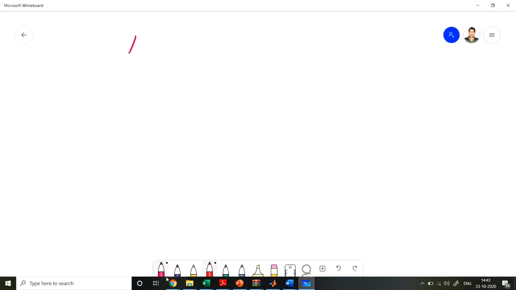So please find out the z transform. The z transform is nothing but minus 2 z raised to the power minus 0. Please understand that we are just applying the sampling property here.